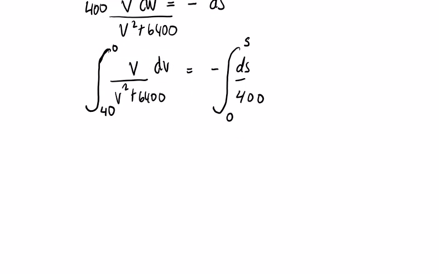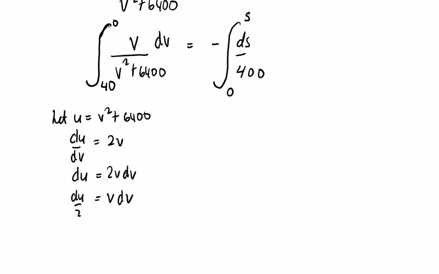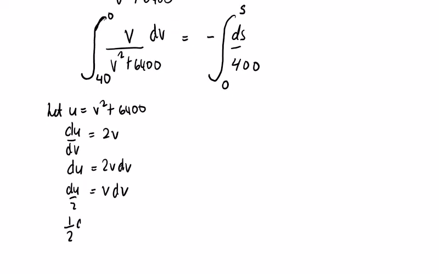Let's substitute in, if we let u equal v squared plus 6400, du dv is equal to 2v. So we want u, and du is equal to 2v dv. So v dv, which is what we need to integrate, is equal to du over 2, or a half du.